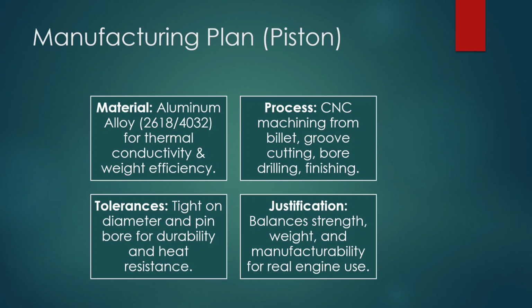Then we did the CNC machine programming, with groove cutting, bore drilling, and finishing with scallop. As for the tolerances, we kept them tight on the diameter and pin bore for durability and heat resistance. As you know, engines produce so much heat, so it will be more sustainable.